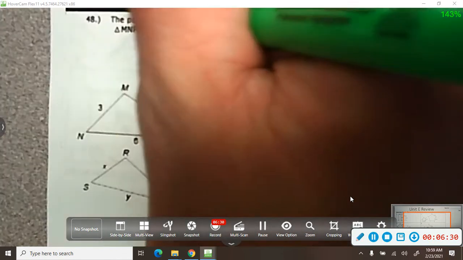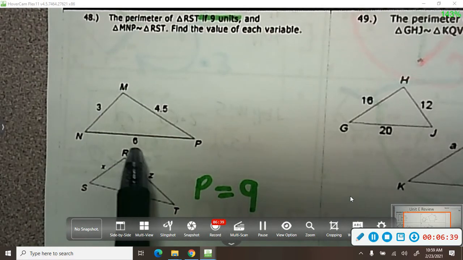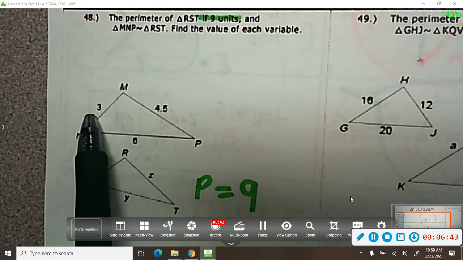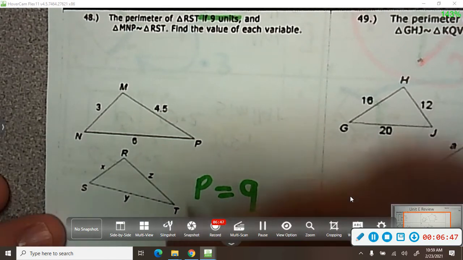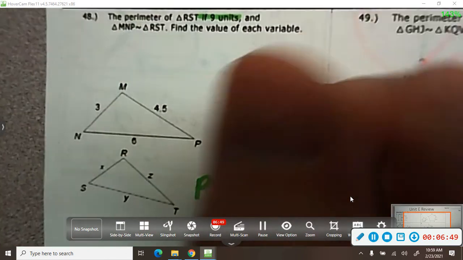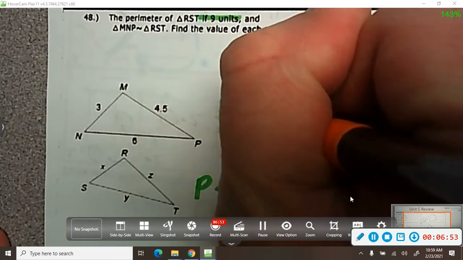That comes from here. So what that means is we can set up a proportion, because I know what the perimeter of this is. 6 plus 3 is 9, plus 4.5, 13.5. So this perimeter is 13.5.